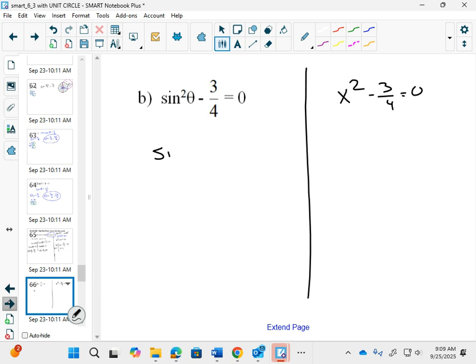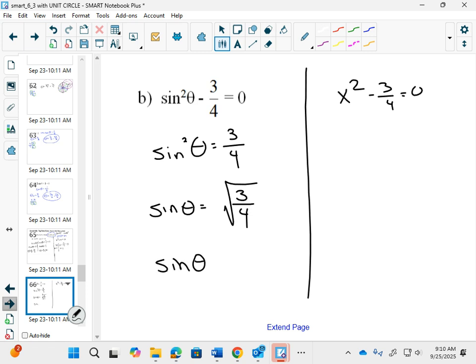I'm going to get the sine squared by itself, and then I'm going to square root both sides. And I'm going to make a mistake that you guys always will make. Technically, that root 3 over 4 is the same as square rooting the top, square root of 3, and square rooting the bottom, which happens to be 2.